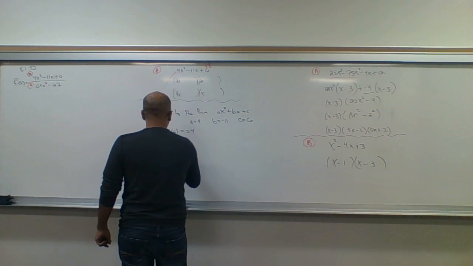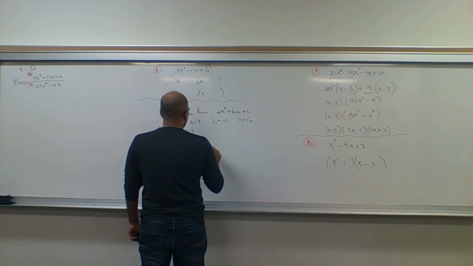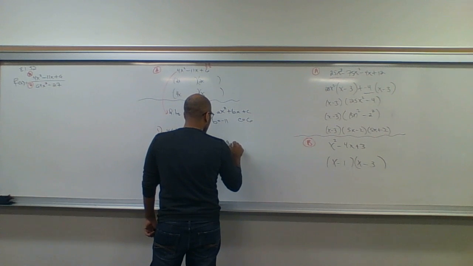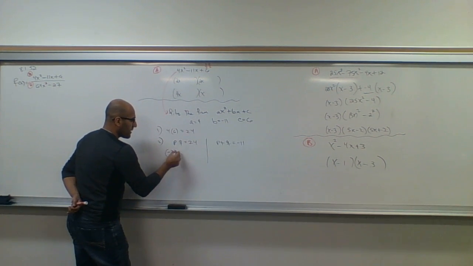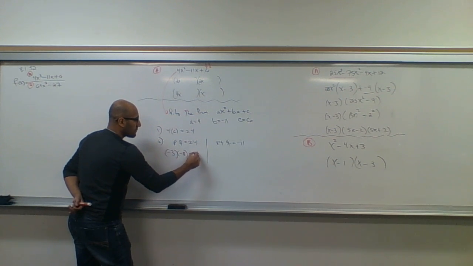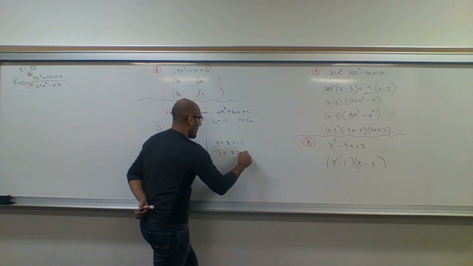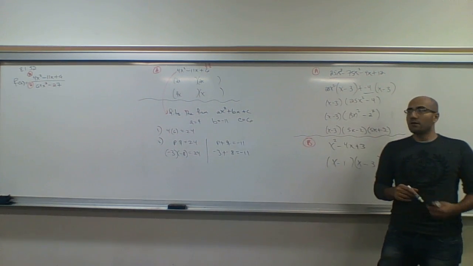Two numbers that multiply to 24, but at the same time add to -11. -3 and -8 multiply to 24, and -3 plus -8 add up to -11. So -3 and -8 are the numbers that work.